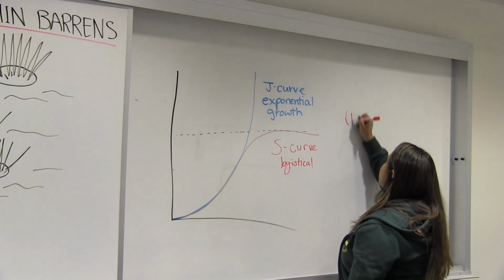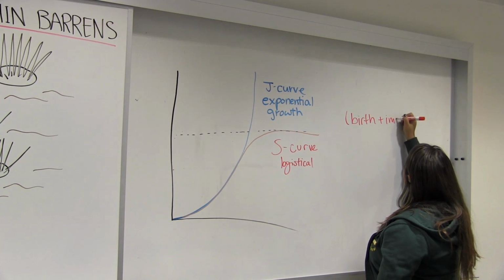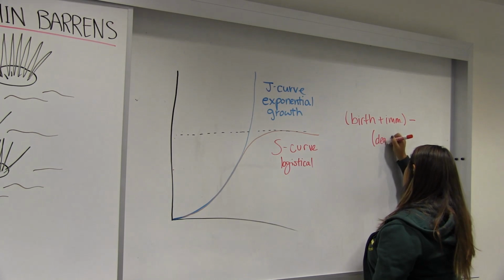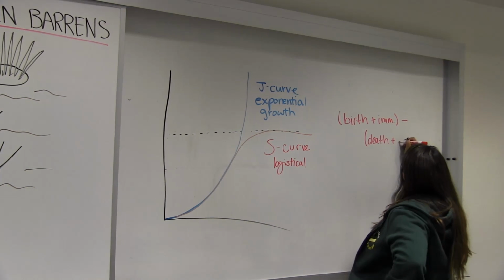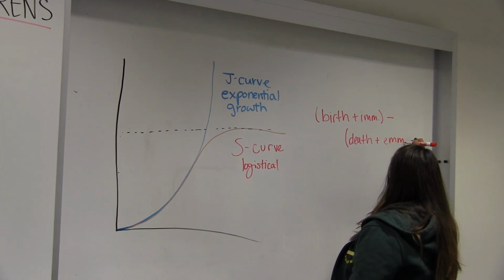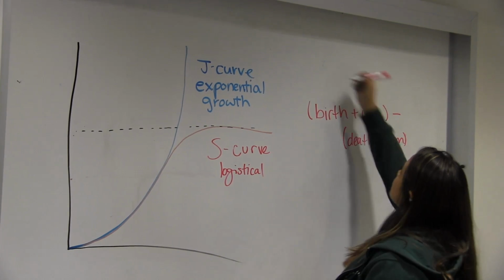You have your birth rate plus immigration, minus your death rate plus emigration. This is our growth rate.